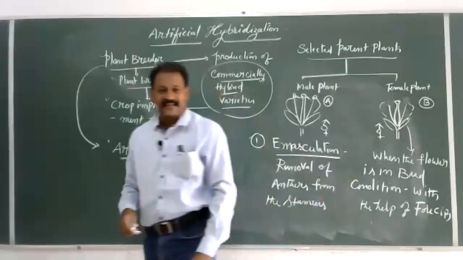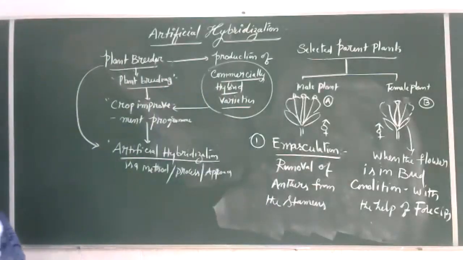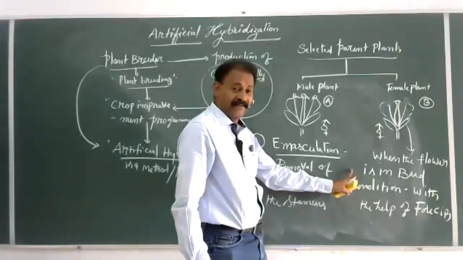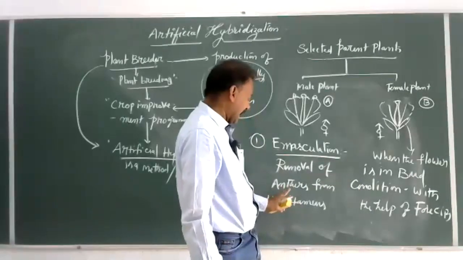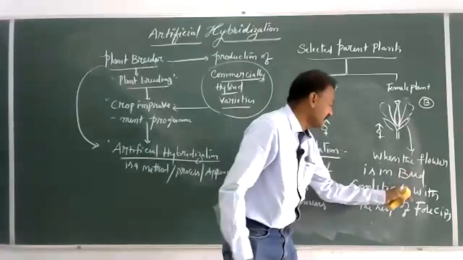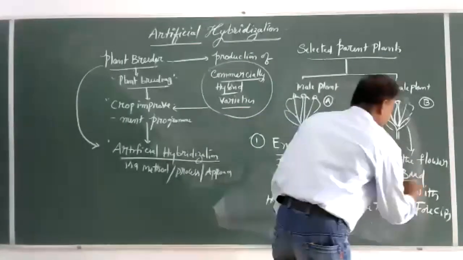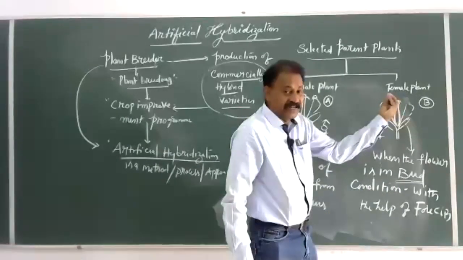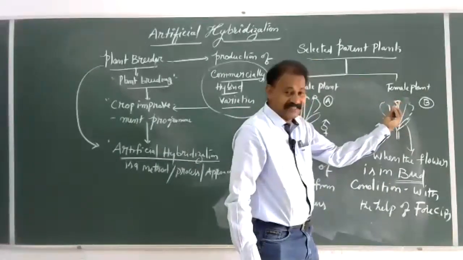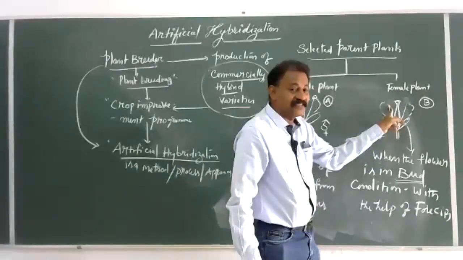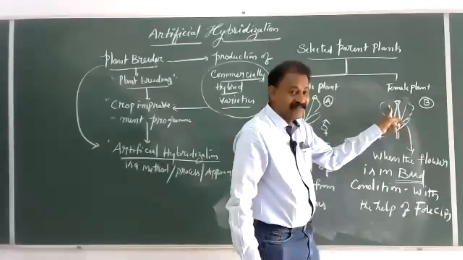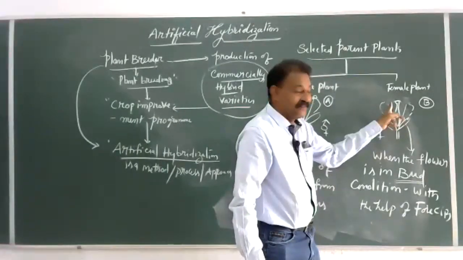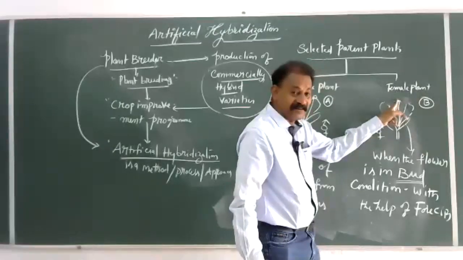My dear students, a question comes here. Sir, why should we remove the anthers from the stamens when the flower is in bud condition? Because when the flower is in bud condition, there is no chance of maturity of the pollen grains in the anthers, and no chance of the pollen grains falling.